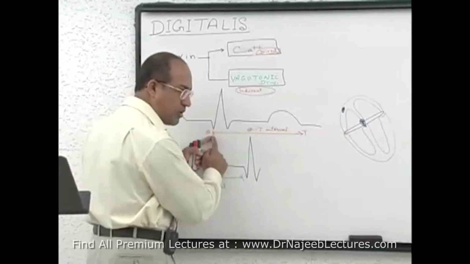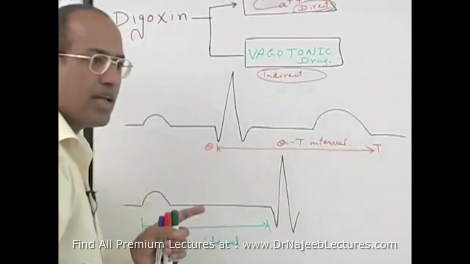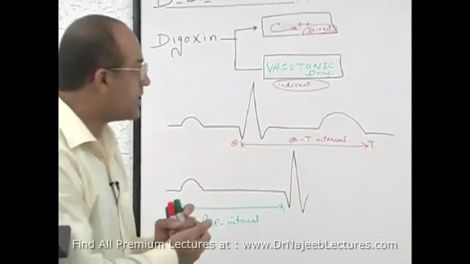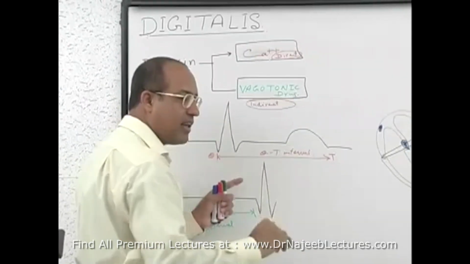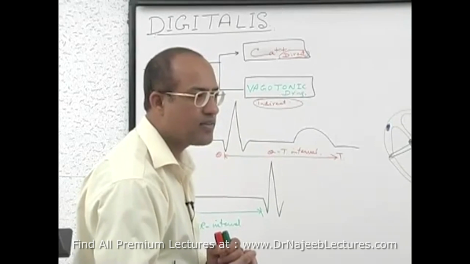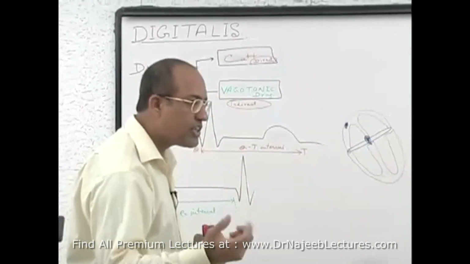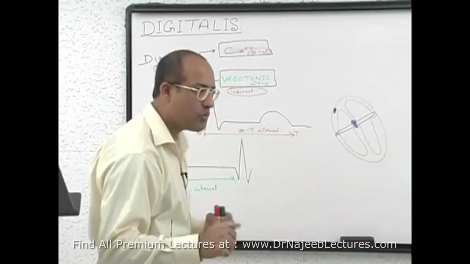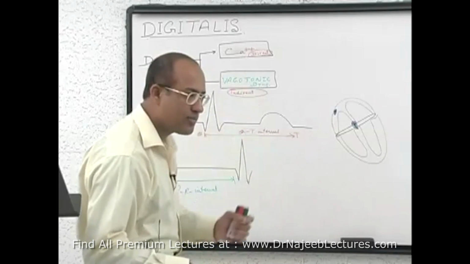Now the QT interval, look here, can be modified by calcium load. When there is more calcium in the cells, the QT interval shrinks. Look here. Does calcium make the myocardial cell more effective or less effective? Less effective? No. Calcium makes the myocardial cell more efficient. That is why we are giving a calcium loading drug like digoxin.